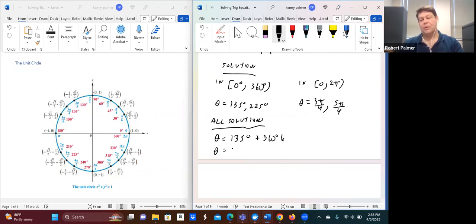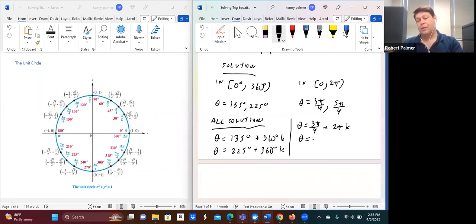Do the same thing for this one. So 225 degrees plus 360 times k. And we also do the same thing for radians. It's going to be theta is equal to 3 pi over 4 plus 2 pi times k.